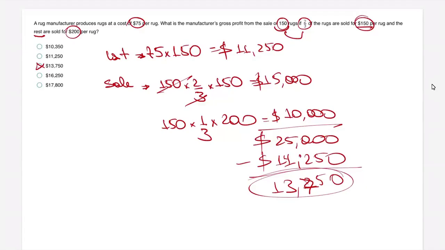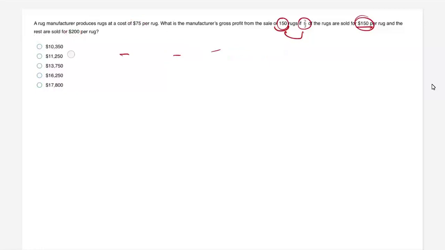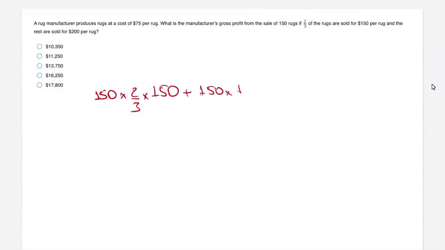It's very easy. I was trying to find if I could put anything in evidence, but I think it would be worse. Let me try something. Well, let me just check this. So it will be 150 times 2/3 times 150 plus 150 times 1/3 minus 150 times 75.